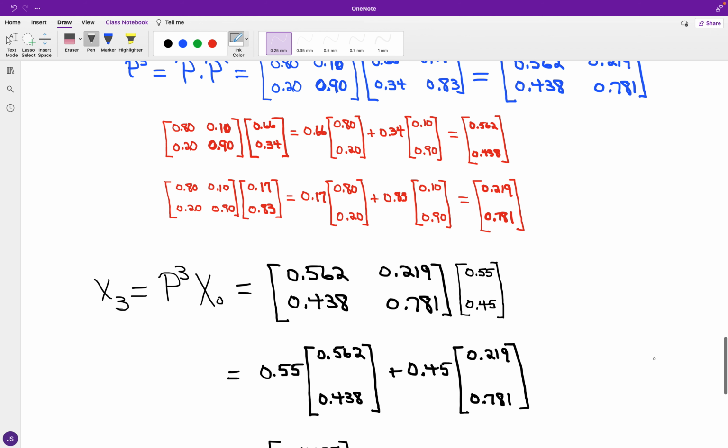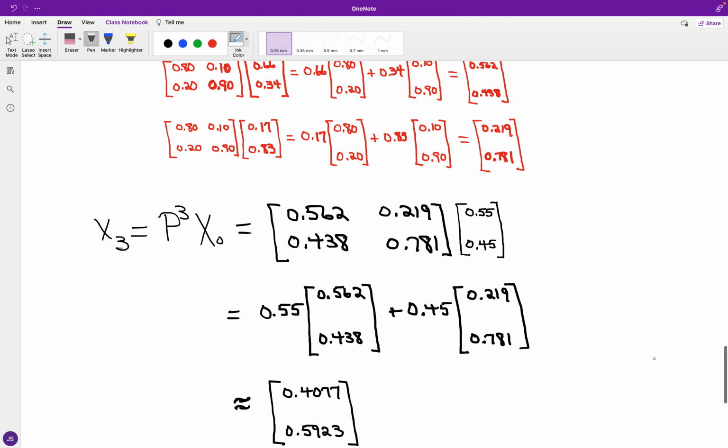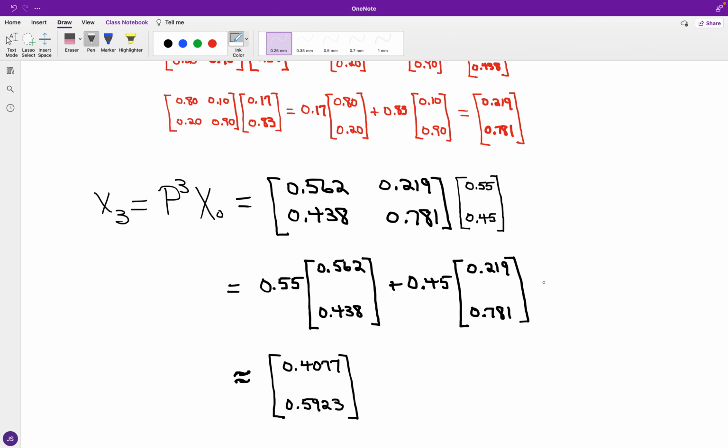Taking the top number times the first column of the cube, plus the bottom number times the second column of the cube, and gathering the numbers, we come out to about 0.4077 and 0.5923.